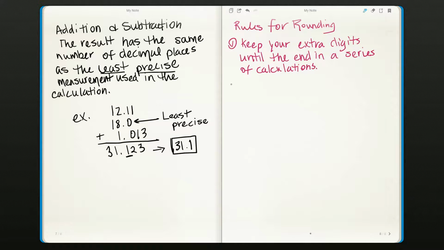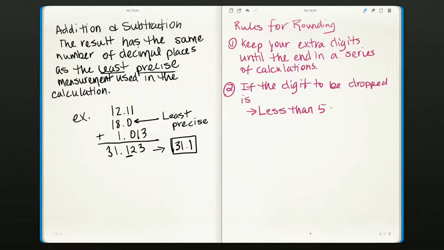Okay, so now our actual rounding rules. So if the digit to be dropped is less than 5, then you round down.